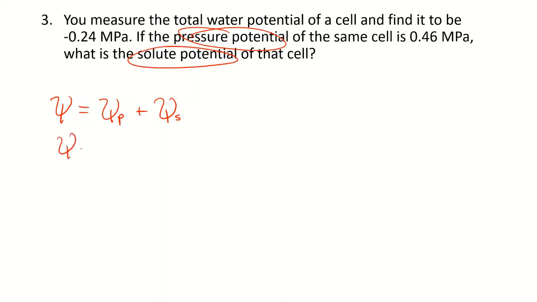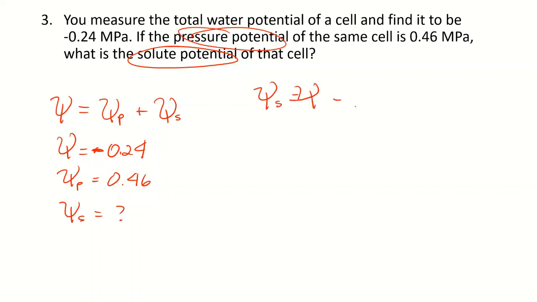So our total water potential is negative 0.24. Our pressure potential is 0.46. So we need to solve for our solute potential. When I do that, what I can do is rearrange this equation so that I have the solute potential on one side of the equation.